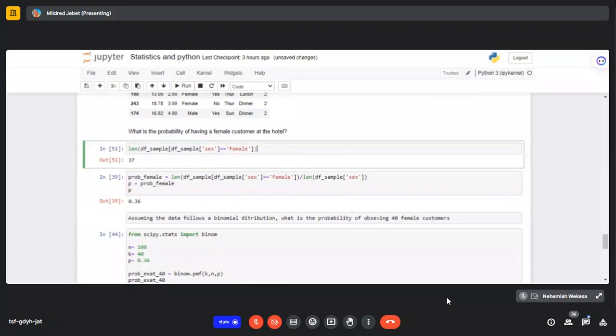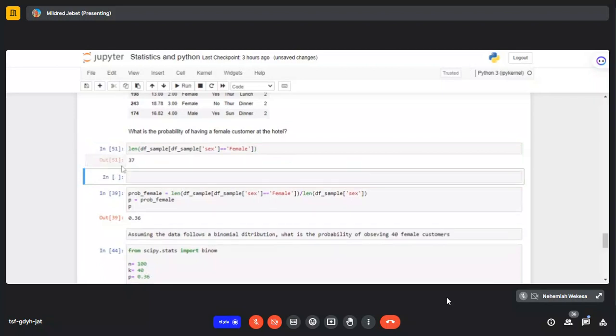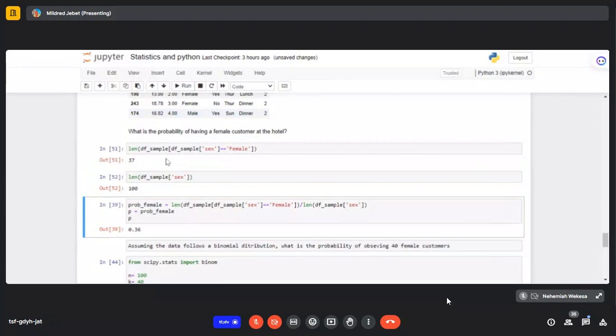And the total length of our variable, not tip, sex actually, we're using gender, sorry, is 100.